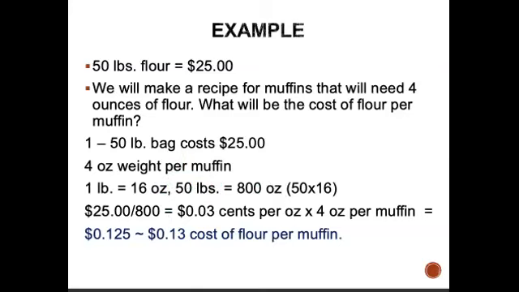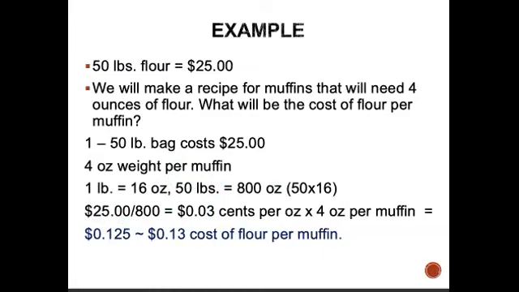So I will have 800 ounces of flour. If I divide $25 by 800 ounces, it gives me about 0.03 dollars per ounce.